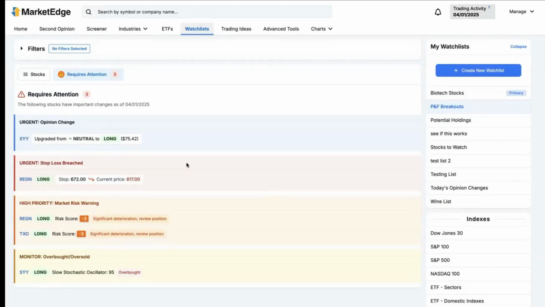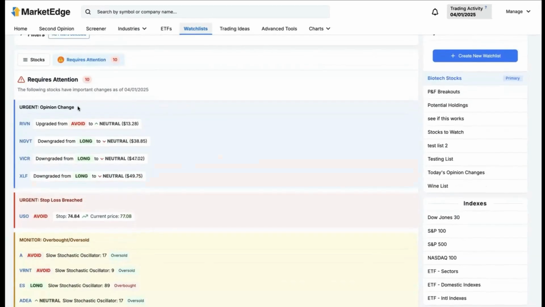A stock has changed opinion, the stop loss has been breached, the score is significantly deteriorating for a long. The equivalent score for avoid would be significantly improving. So if you have a short position on an avoid, significant improvement is bad. We want to bring that to your attention. And finally, is the stock overbought or oversold?